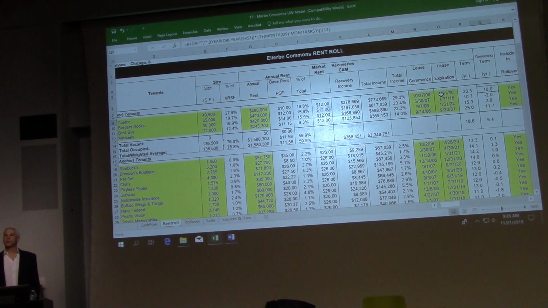And what I'm looking for is rollover. If I know that I have a 10-year term, I know that I'm probably going to have to deal with a reserve for Costco. Because I don't have term risk, but I have refi risk. So if their lease expires in year 10, you put yourself in the shoes of a new lender.